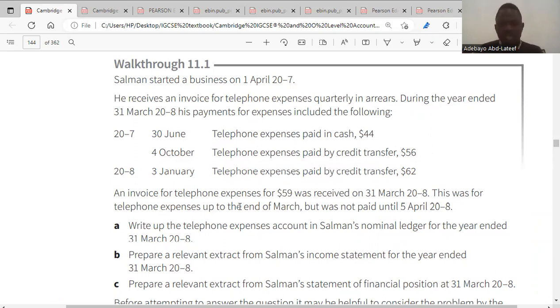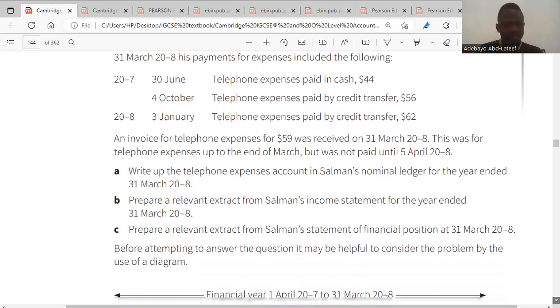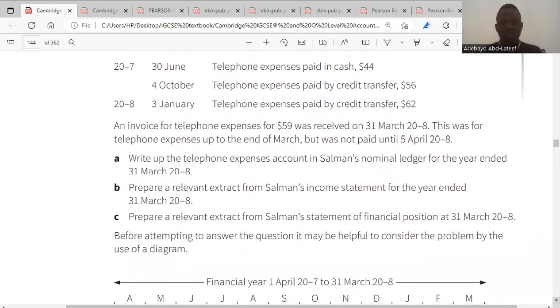This was the telephone expenses up to the end of March, but was not paid until 5th of April 28. Write up the telephone expenses account in Salma's nominal ledger for the year ended 31st of March. Prepare a relevant extract from Salma's income statement for the year ended 31st of March. Prepare a relevant extract from Salma's statement of financial position for 31st of March.